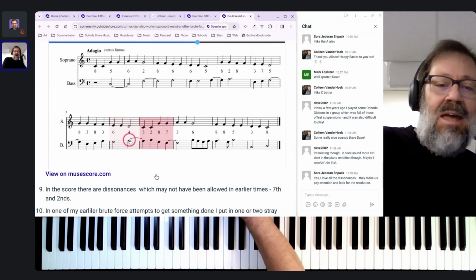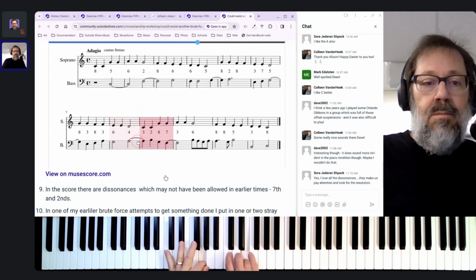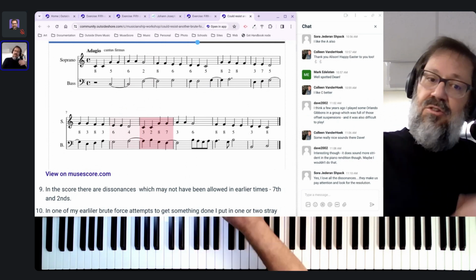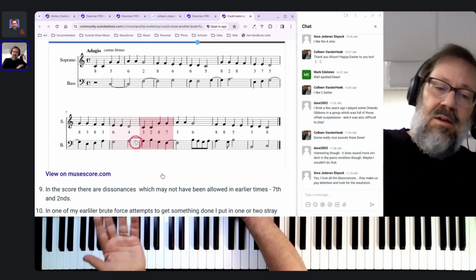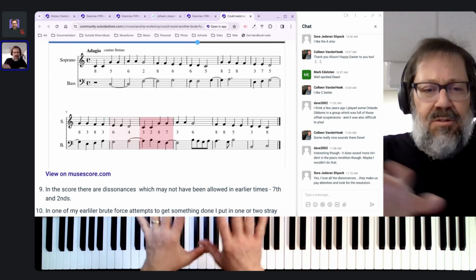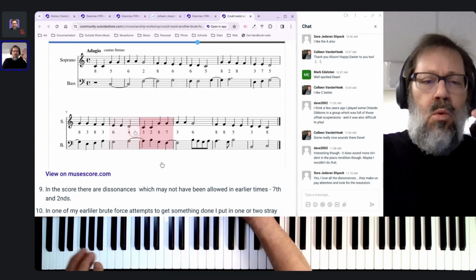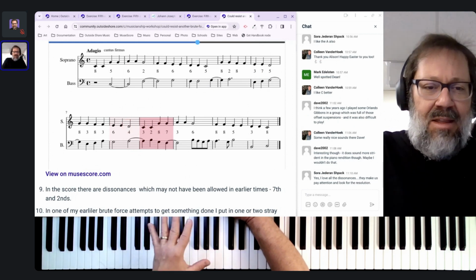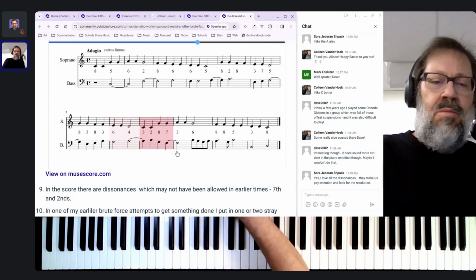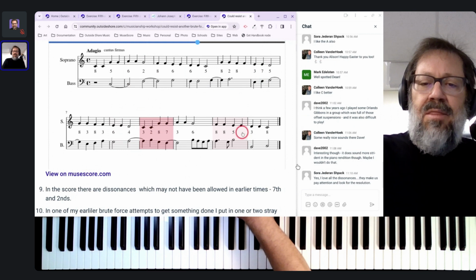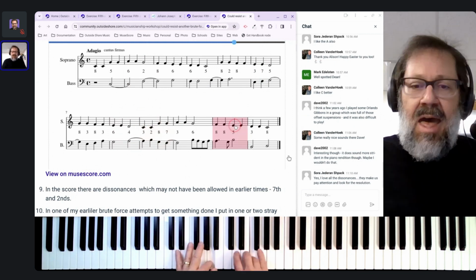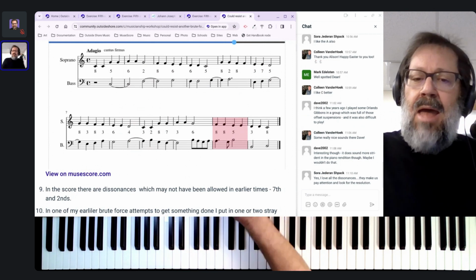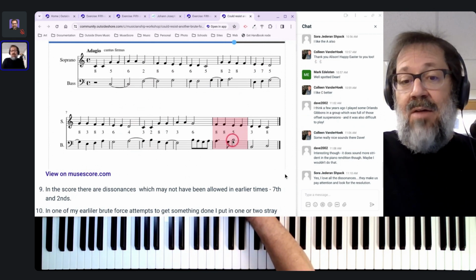And if that A had come in later, so that the 4th comes in, there would have been ways of making that work as a suspension. I'd have to think through exactly how that works, but one way or another, it would be doable. This thing that you're calling a 5th at the end is actually a 4th, and so I think it might have been better off if it was a 5th.